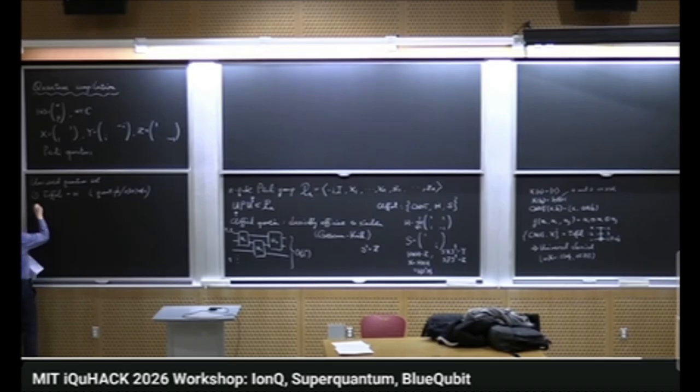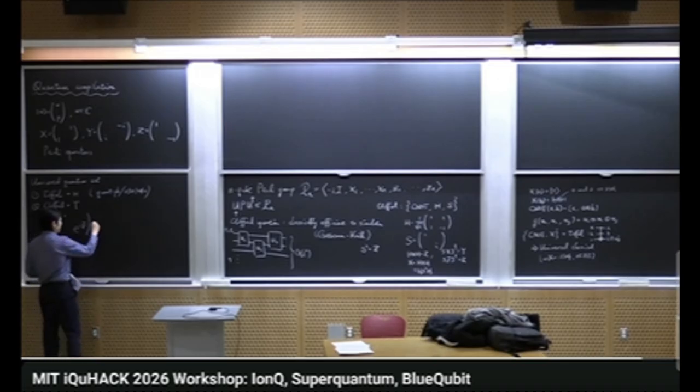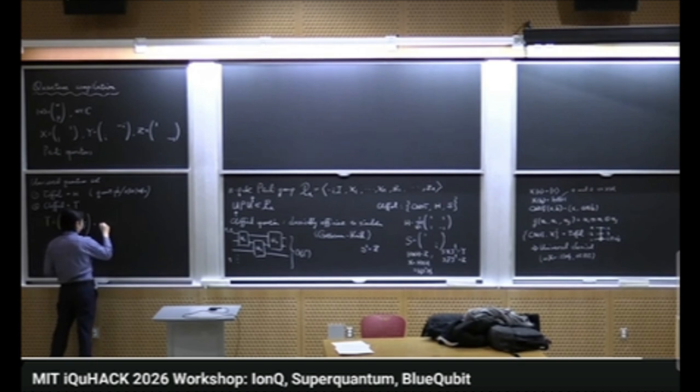But for various reasons, the gate set that we're more interested in is the so-called Clifford plus T gate set. The T gate is defined as a so-called pi by 8 rotation, even though you see here it's a pi by 4, but we still call it pi by 8 because of a phase shift.